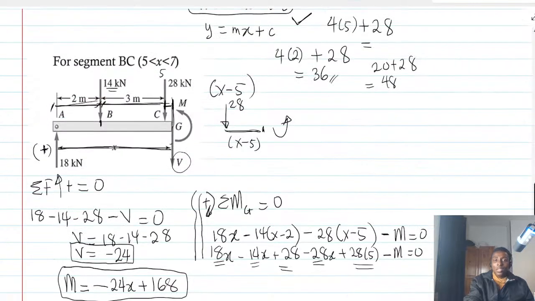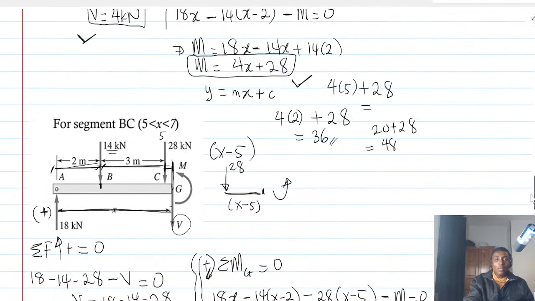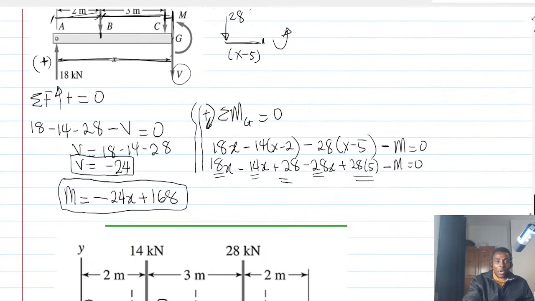For the third portion, we took a cut between what? 5 and 7. Right? So for the minimum value, again, think about this. The moment function is what? Minus 24x plus 168. So the minus sign here is what?